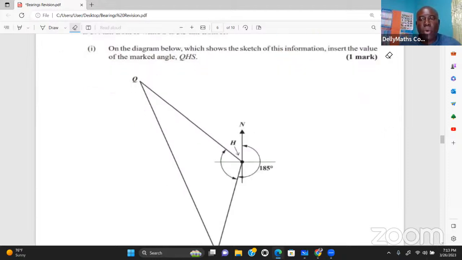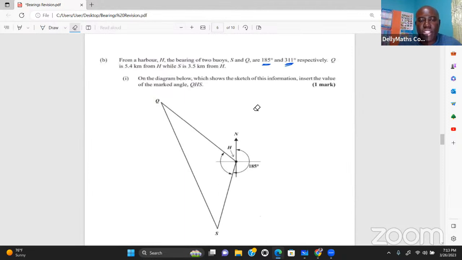All right, so I would want to employ some labeling here. It says Q is 5.4 kilometers from H, so this is 5.4.